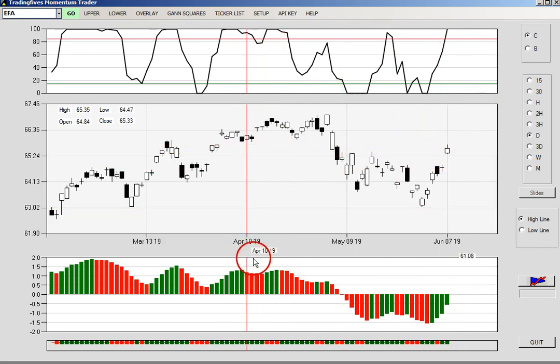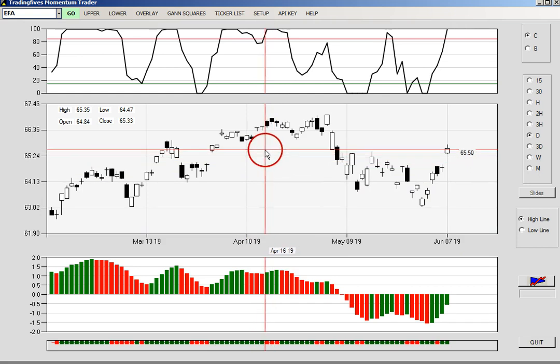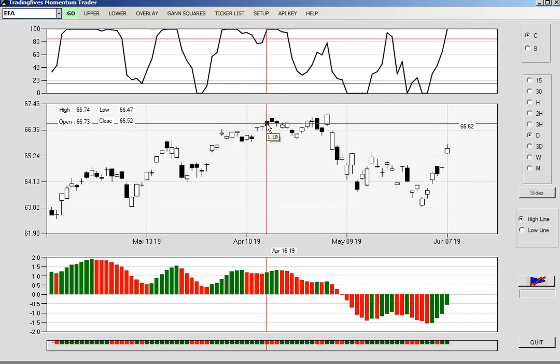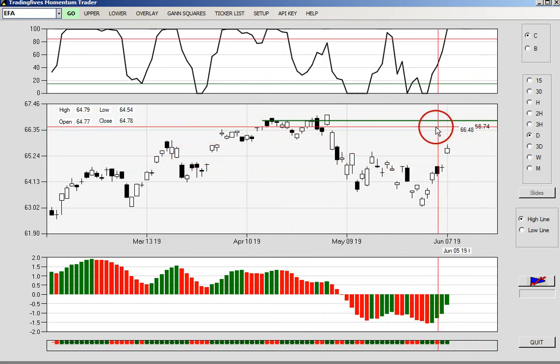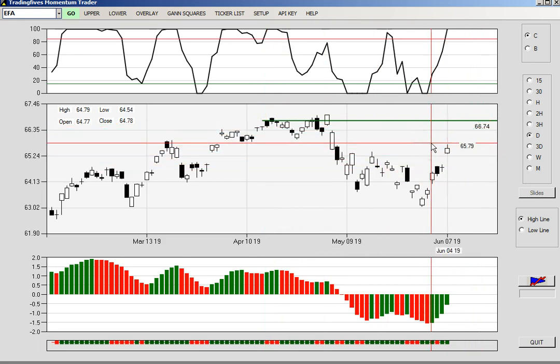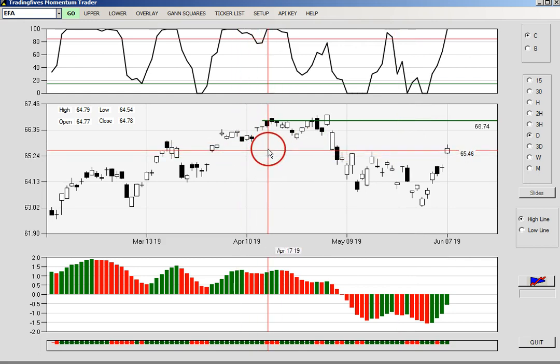Okay, then we have another little series of, in this case, 4 red bars, followed by another green bar, and the green bar creates another take or pass condition. In this case, it's a print above 66.74 on the next bar.